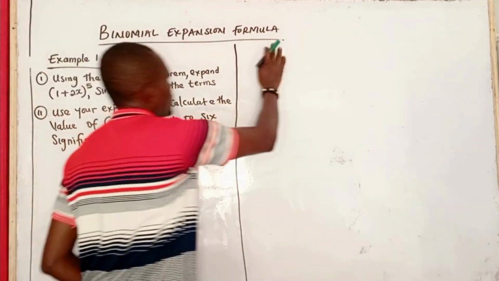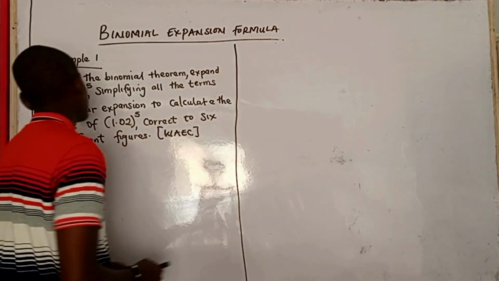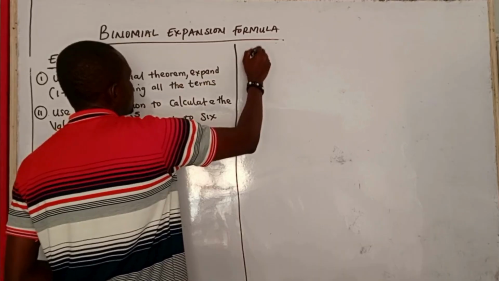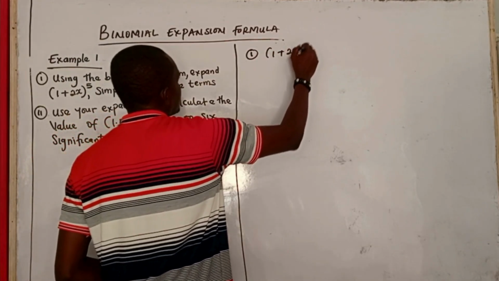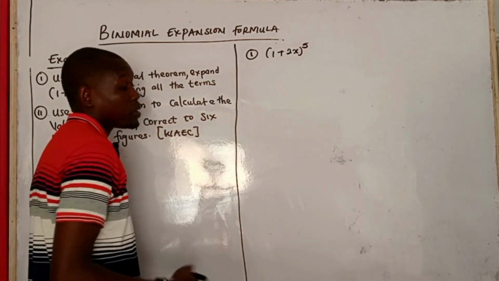I'm going to be working the number one on this side of the board. So for the number one, what we have is (1 + 2x) to the power of 5.